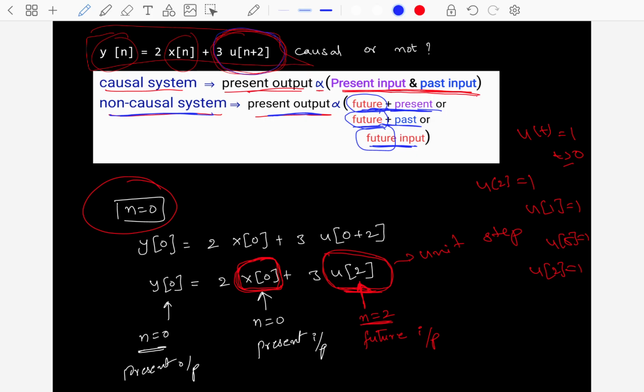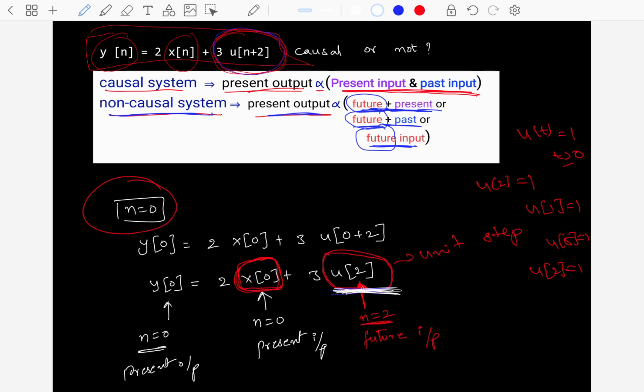This part only we need to care about, because just by seeing it we would conclude this as a future input, and blindly we would put the answer as a non-causal system. So be careful of this one.